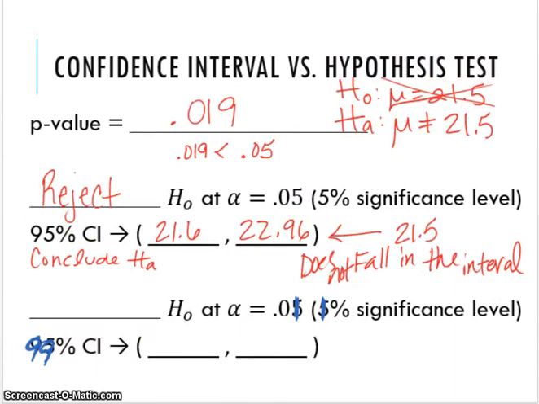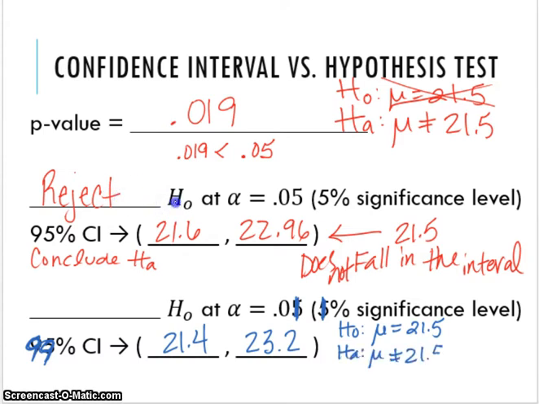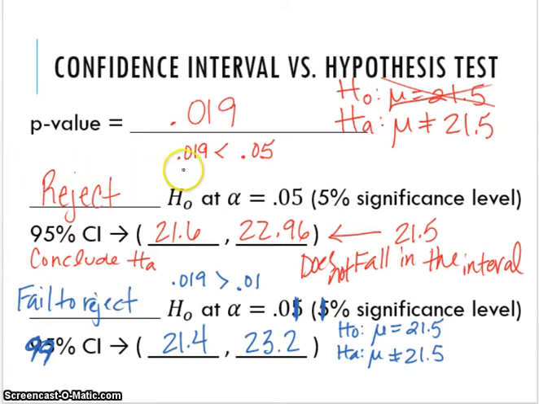Again, our null is that it's equal to 21.5, and our alternative is that it is not equal to 21.5. Based on our p-value, 0.019 is greater than 0.01. Therefore, we will fail to reject. We cannot reject the null. We cannot say it's different. So we fail to reject at a 1% significance level, which goes along with our 99% confidence interval.